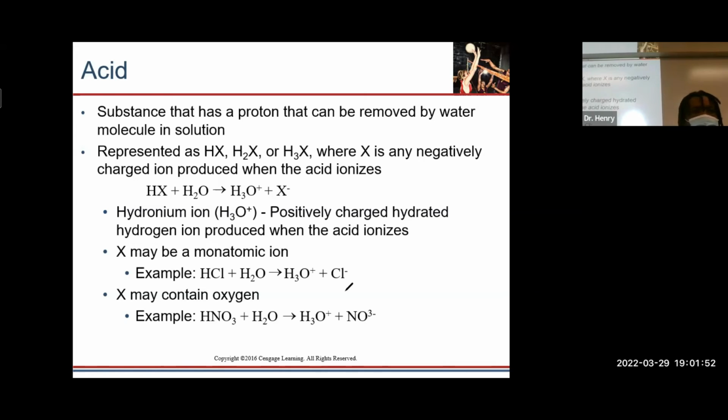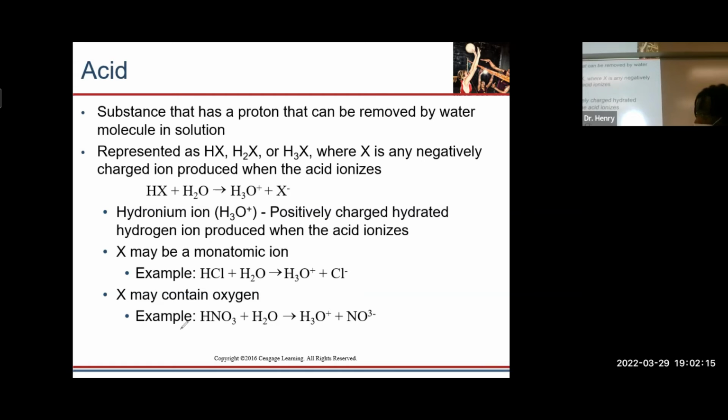As soon as we put it in solution, it's going to totally separate, right? So as soon as that hydrogen chloride is bubbled into water, it separates into the ions. So it dissociates. And that's the characteristic of strong acids.